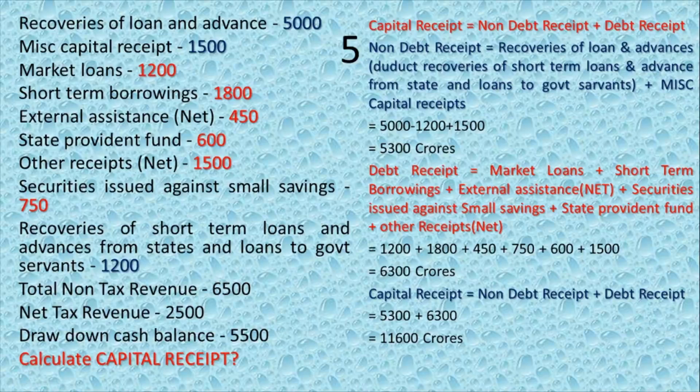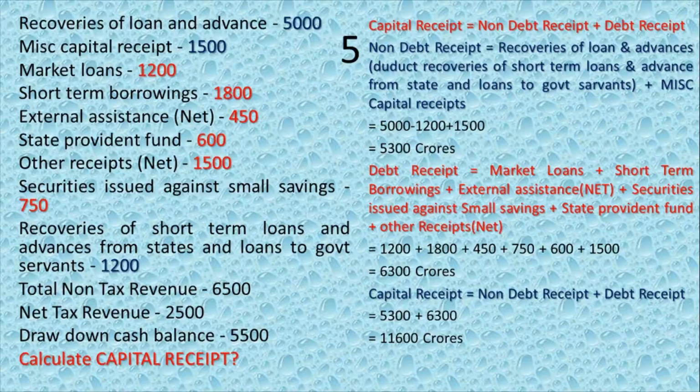So capital non-debt receipt is given by the formula recoveries of loan and advances, and from these recoveries of loans and advances we have to subtract the recoveries of short-term loans and advances from state and loans given to the government servants, and we have to add miscellaneous capital receipts.